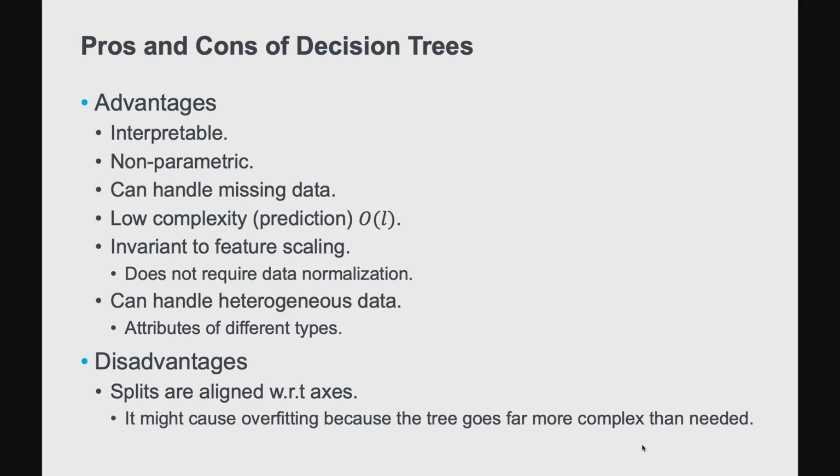Then when we look at decision trees, what is good or what is not so good about them? Well, we have the advantage that we can interpret a decision tree. We can, for every new instance, just follow the path through the tree and understand why a new instance, previously unseen, was classified as it was.